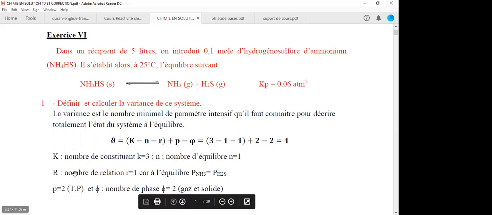R is the number of reactions. Let me restart, I've swapped these things. Sorry. K, I said that K is equal to 3. N is the number of relations.